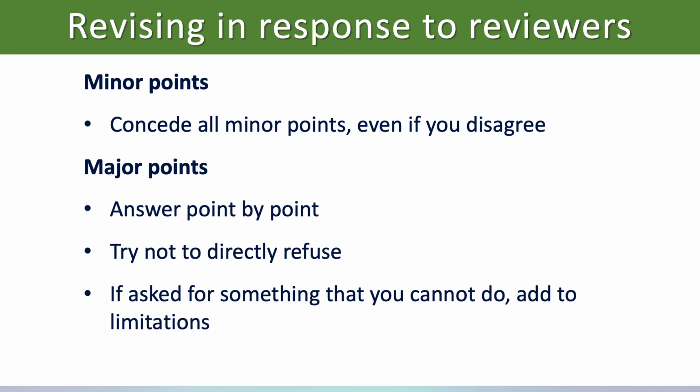And even if you don't agree with the reviewers, try not to directly refuse to incorporate their feedback. If you're asked to do something that you cannot do, then you can add this to the limitation section of the manuscript. Always try to show the reviewers that you are actively taking their feedback into account and you are trying to do something about it within your manuscript.